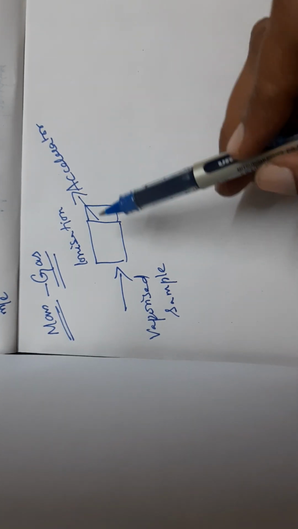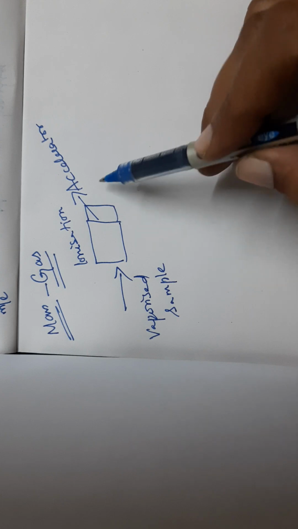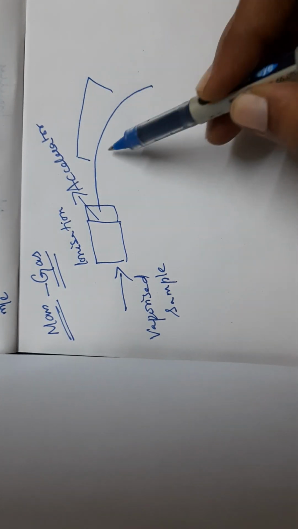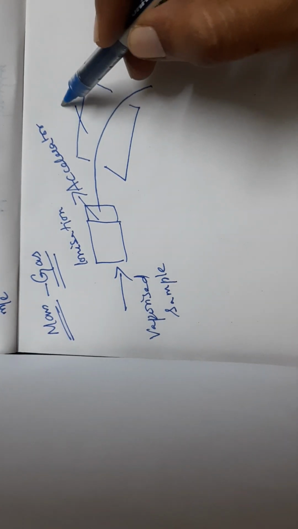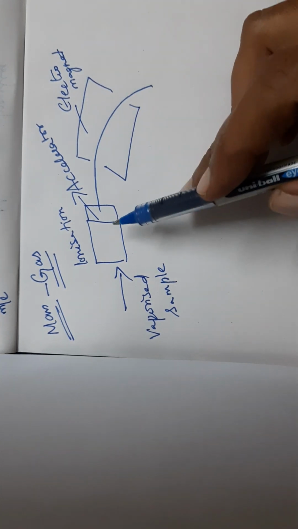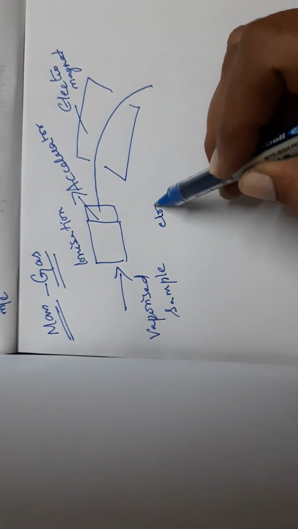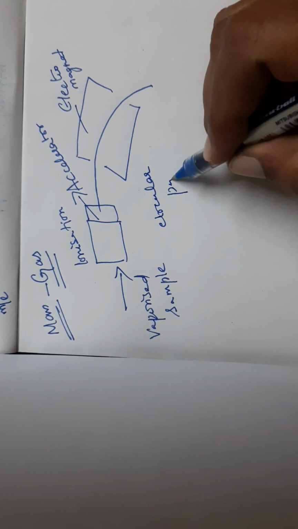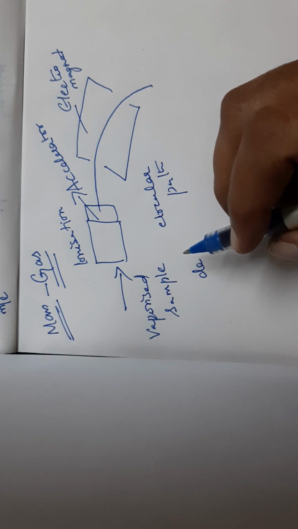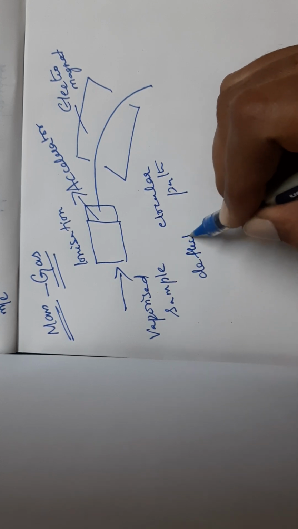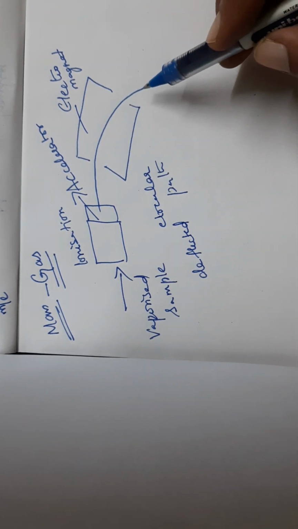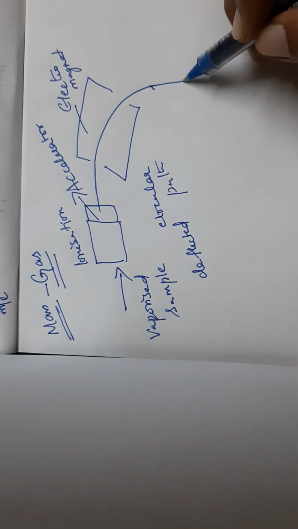That is accelerated through an electromagnet, and the molecular ions take a circular path; that is, they are deflected. Once deflected, they take the circular path and reach the detector.